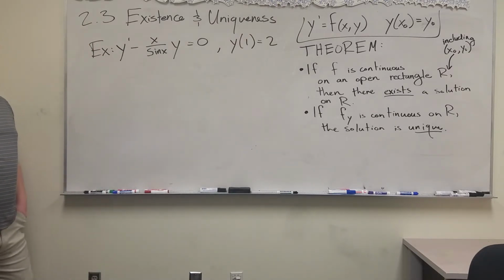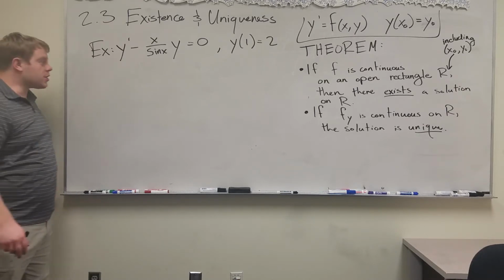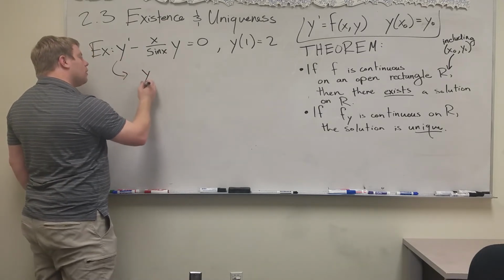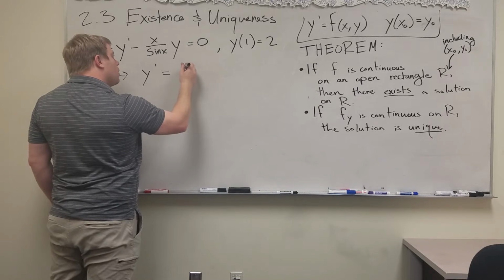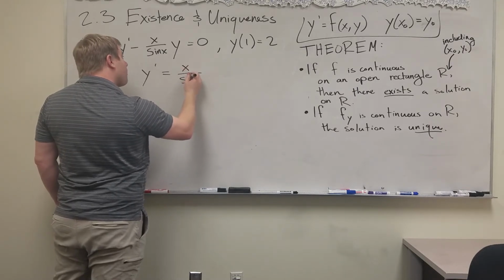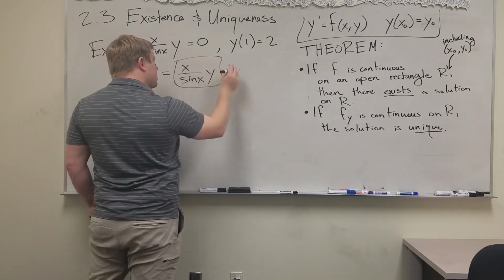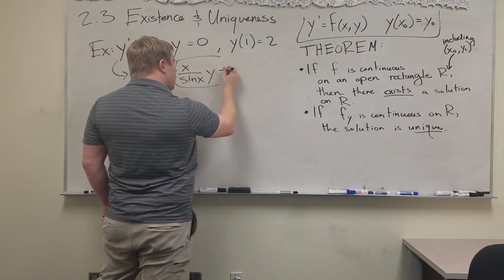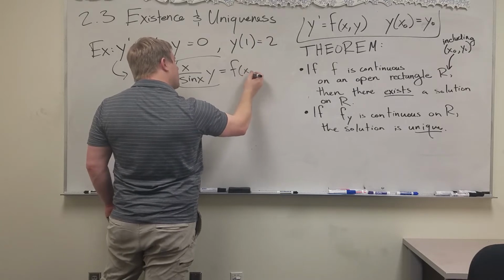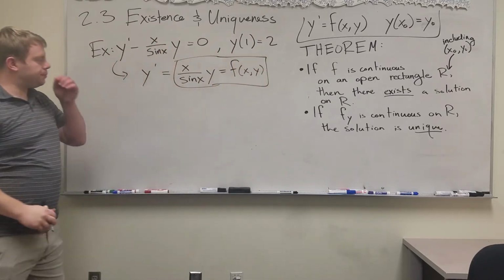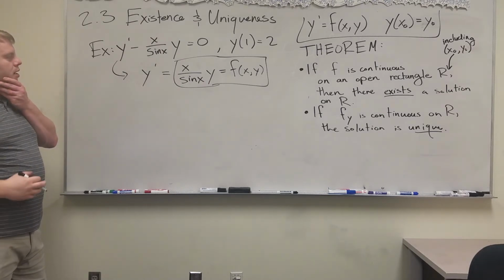Now this differential equation is pretty easy to get into this form with y prime just on one side, because we can just move this other term over here. So this whole thing right here is our multivariable function f that we're worried about in the theorem.